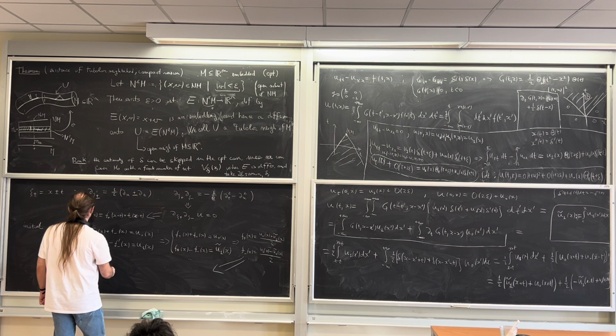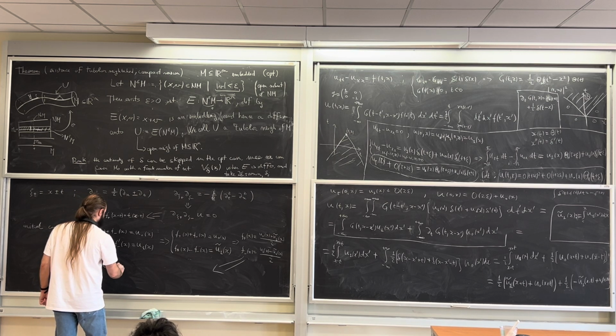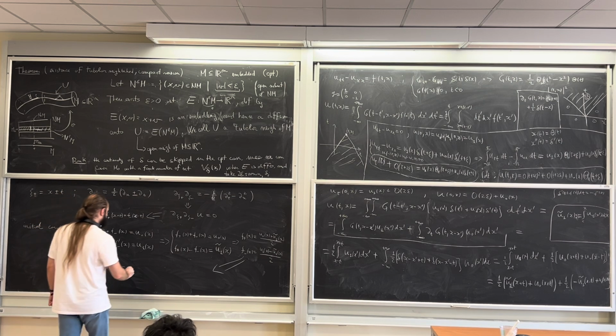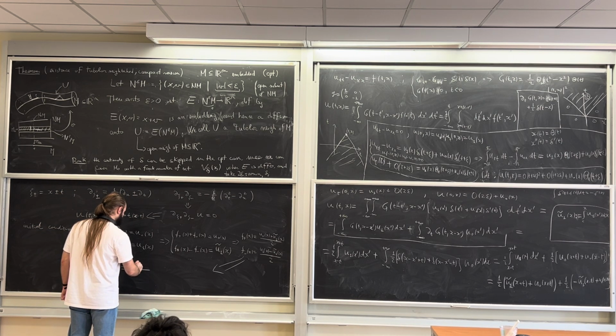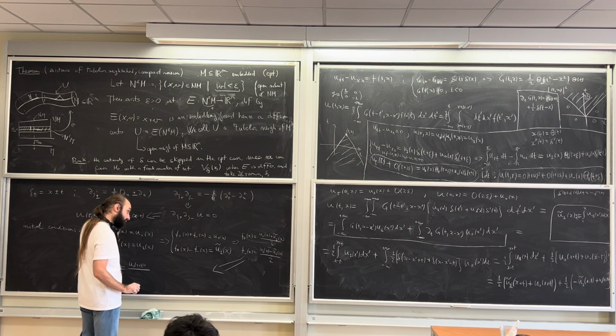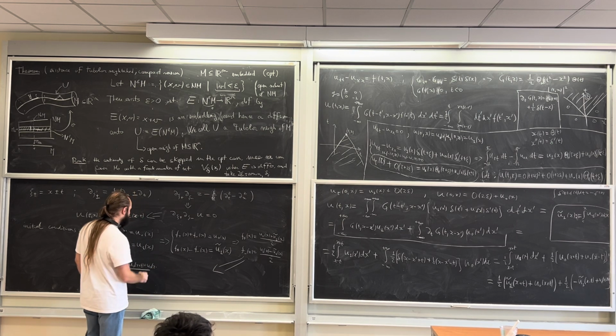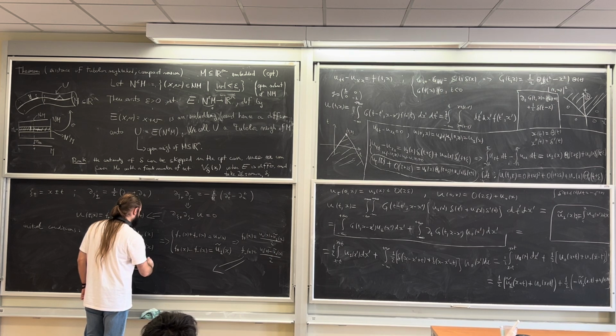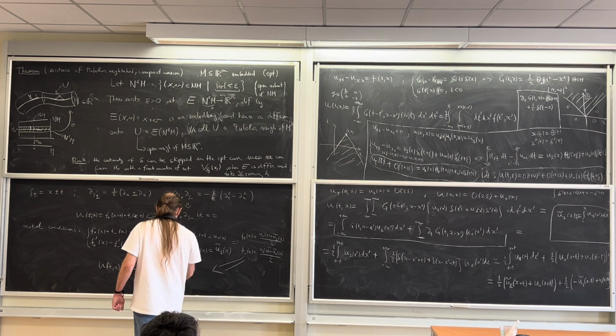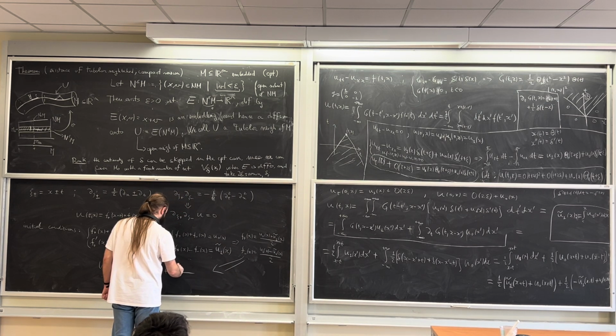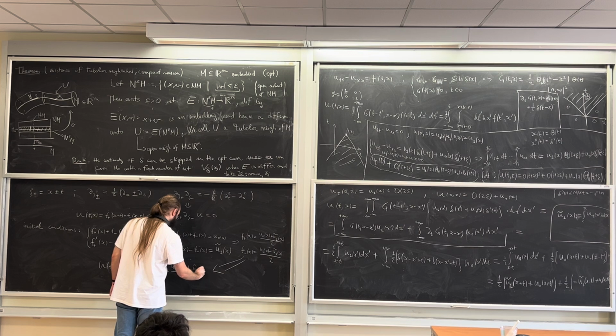u of t and x is u0 of x plus t plus u1 tilde of x plus t over 2, plus u0 of x minus t minus u1 tilde of x minus t over 2.